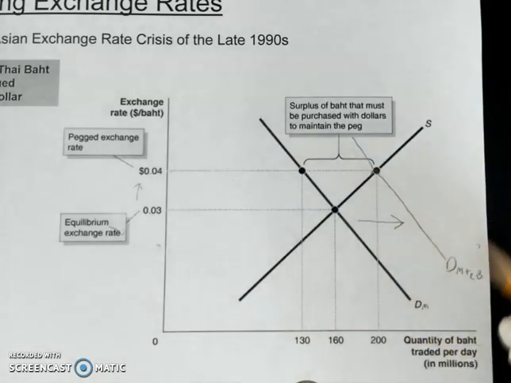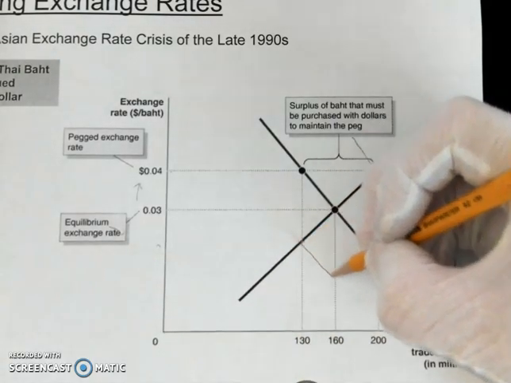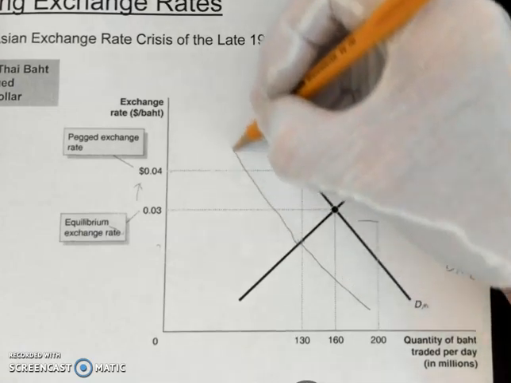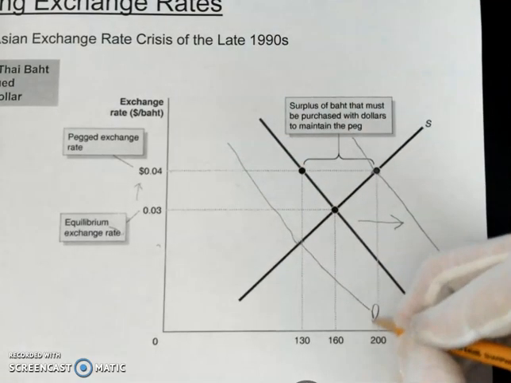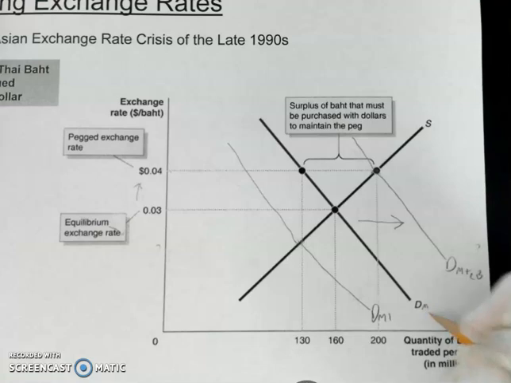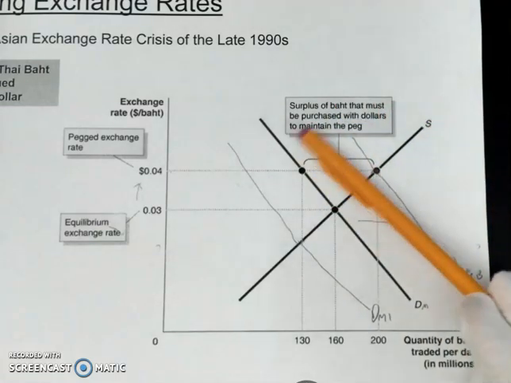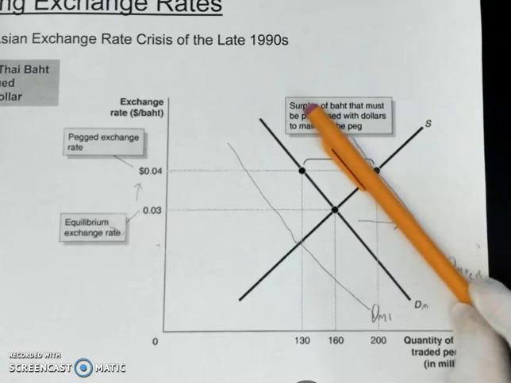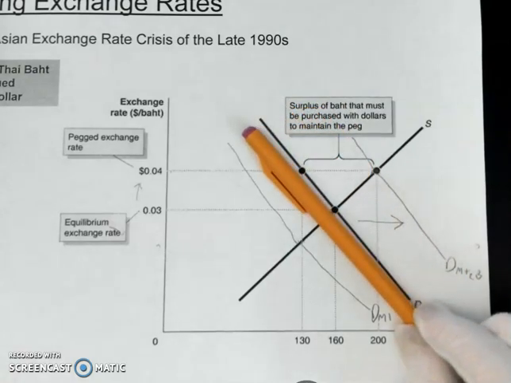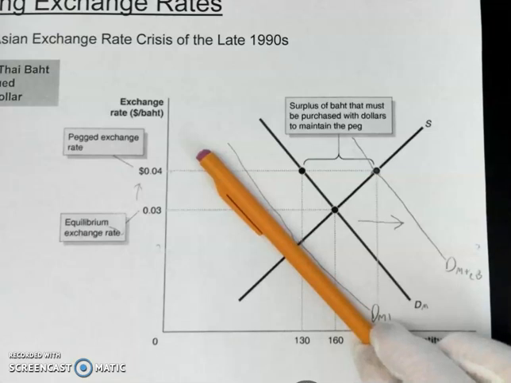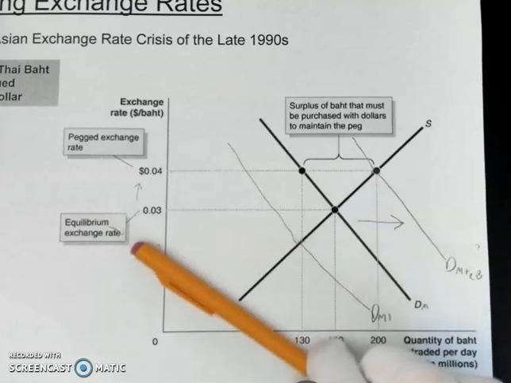And in essence, we eventually reach a new demand curve that is going to be down here. We'll put demand M1 to distinguish it from this. The demand curve, when the central bank stops purchasing baht, doesn't just go back to the market demand. It goes to a new market demand because speculators no longer want to be in that depreciating currency.